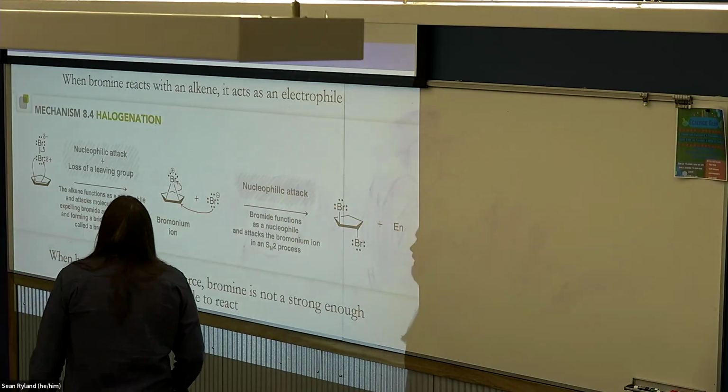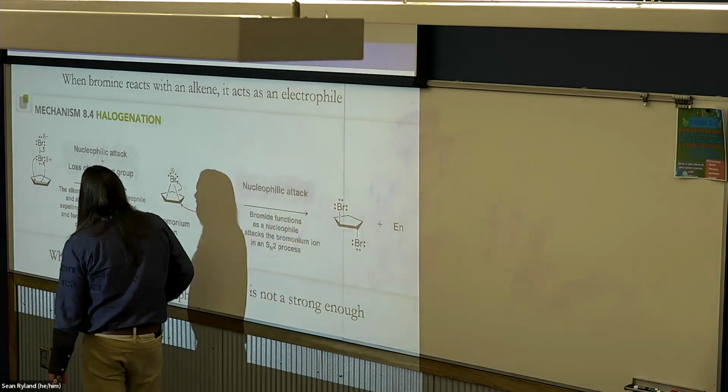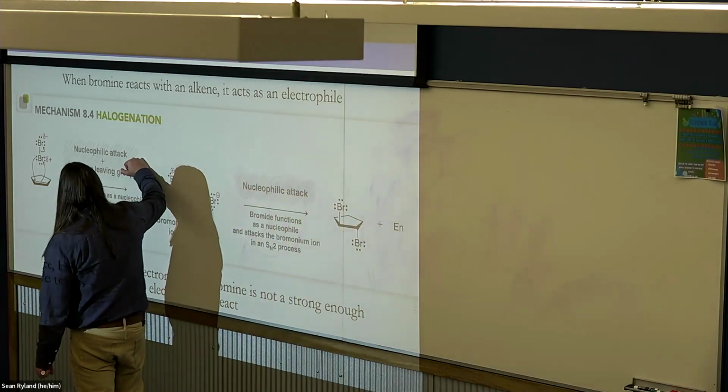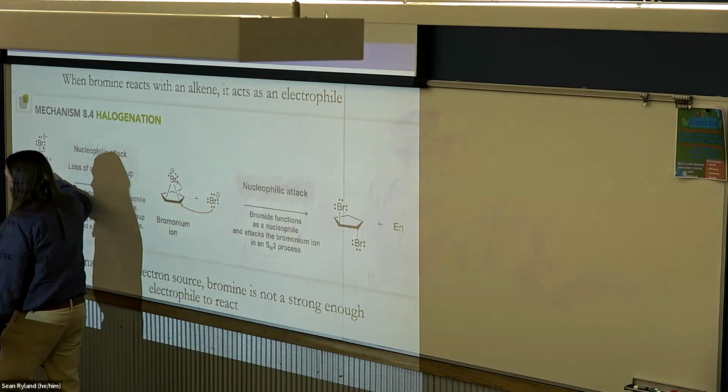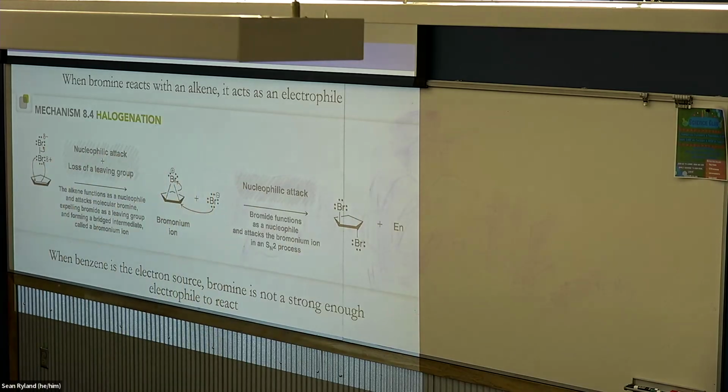Right, so in order for this to happen, if we were just looking at halogenation, the first bromine we added is going to act as an electrophile. Because if you remember this mechanism, we brought in Br2 too. This is not a benzene ring, this is just an alkene.